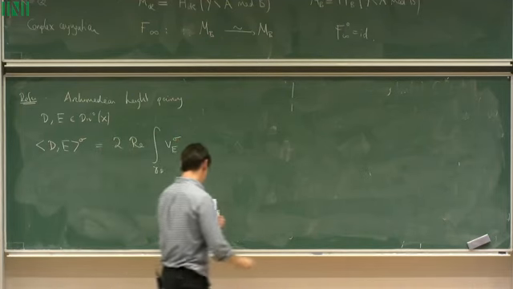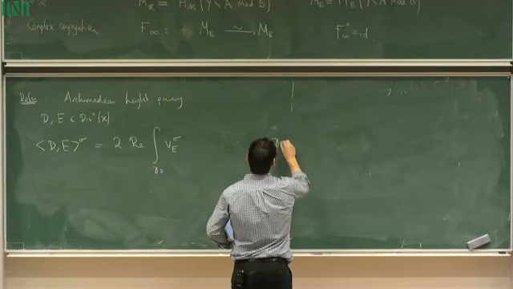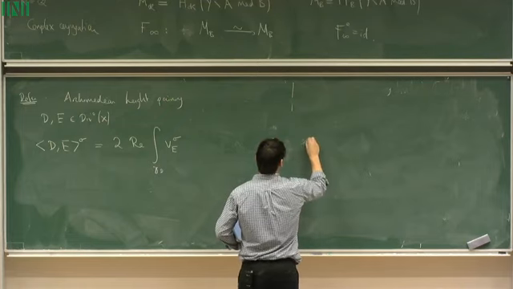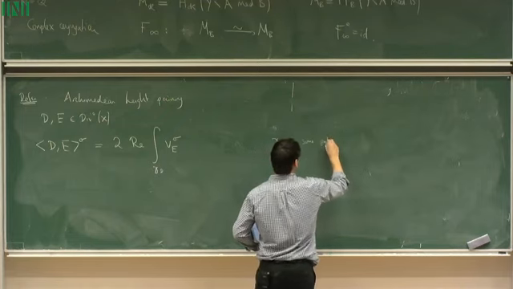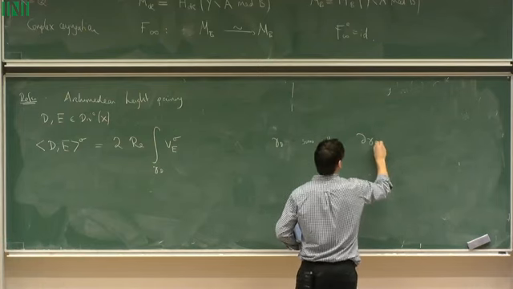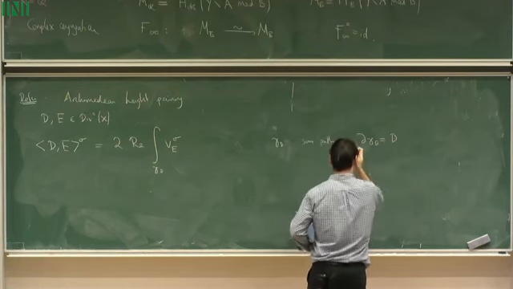So gamma_d here is some path whose boundary is the divisor d.